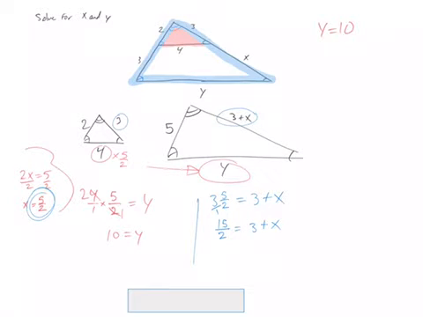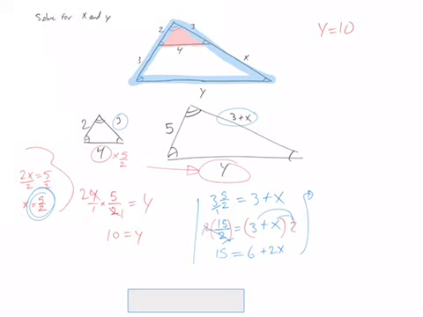Well, I don't really want fractions, so I'm going to multiply everything by 2. So then on the left hand side, I'm going to end up with 15 because those reduce. On the right hand side, I'm going to end up with 6 plus 2x because I distributed that in.